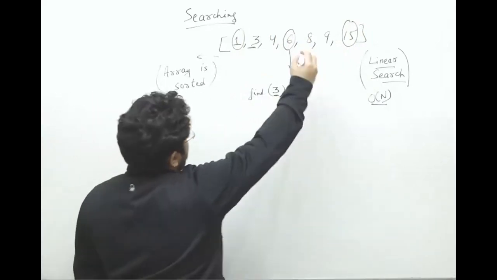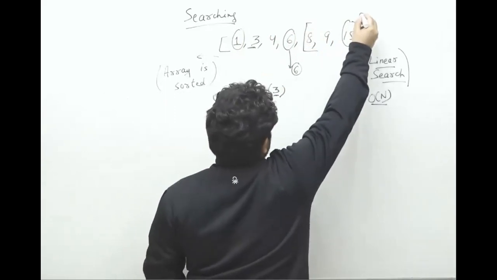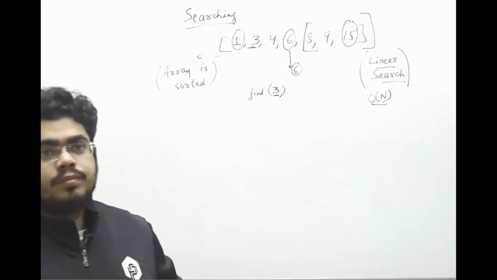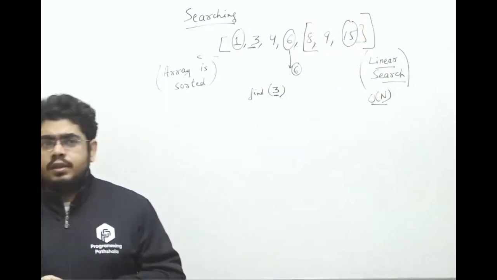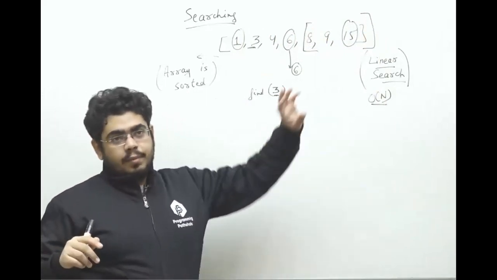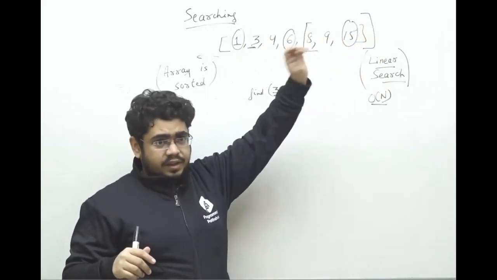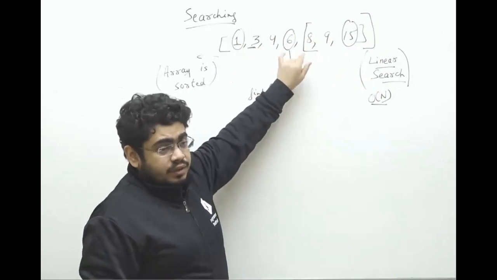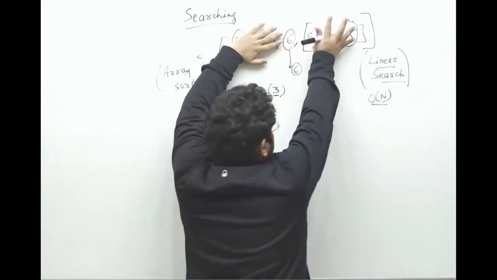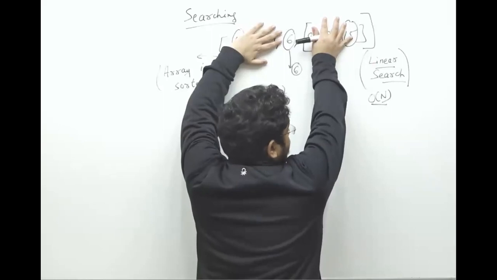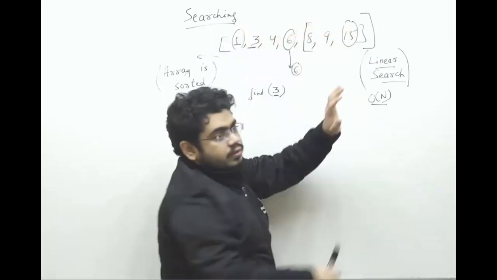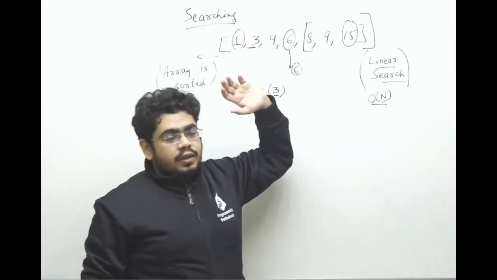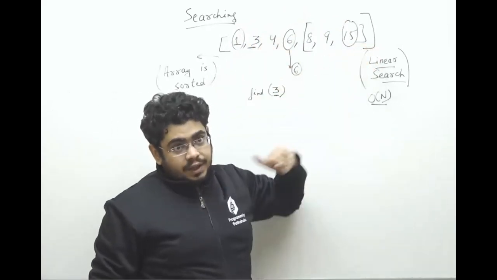Can I ever find my 3 in this portion of the array? What do you think? Why? I don't know what is there, right? Imagine that I don't know the array as well. I just know that wherever I landed in the middle, it's 6, right? You don't know what is here, right? But the array is sorted. You still can't find it beyond 6 because the value is smaller than 6. It's not even possible that it will be present there if the array is sorted.